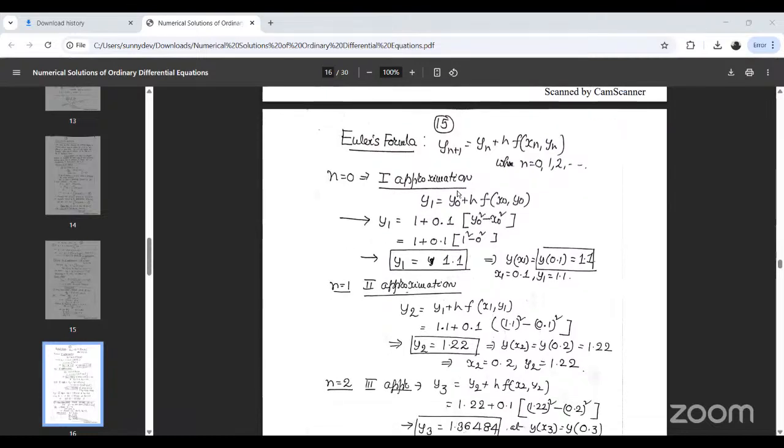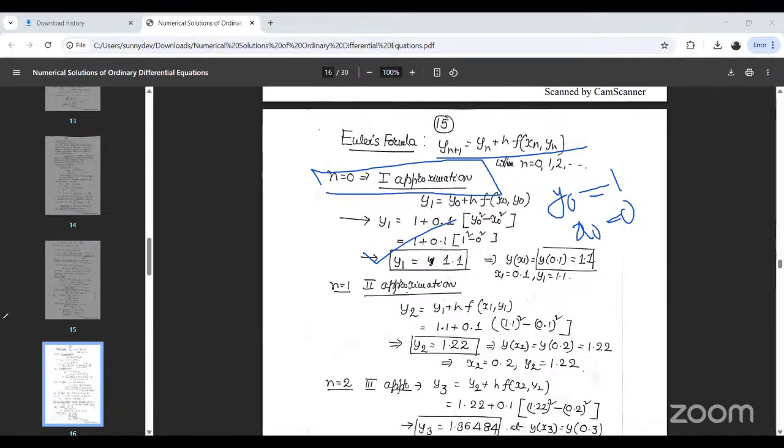So we have the Euler's formula: y n plus 1 equal to y n plus h into f of x n, y n. For n equal 0, first we get y1. y1 equal to y0 plus h into f of x0, y0. So y0 is 1, h is 0.1, and f of x0 y0 means y0 whole square minus x0 whole square. Already we have y0 equal to 1 and x0 equal to 0. Then we get y1 equal to 1.1.